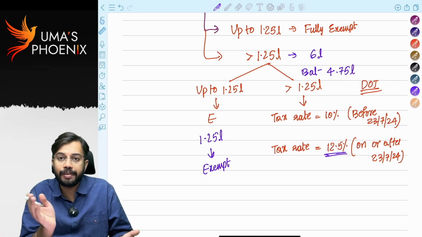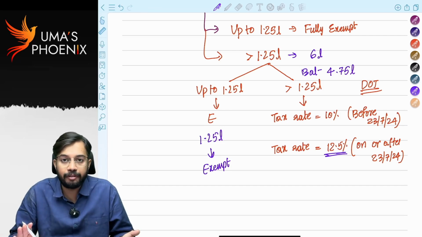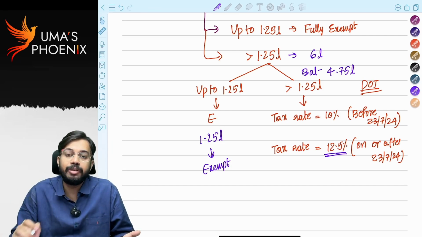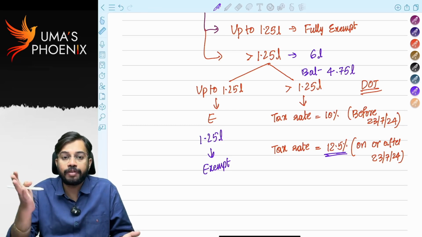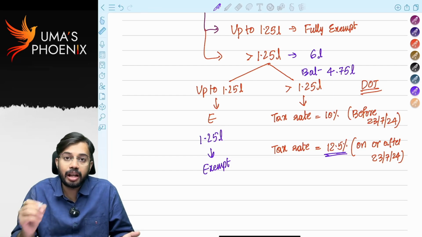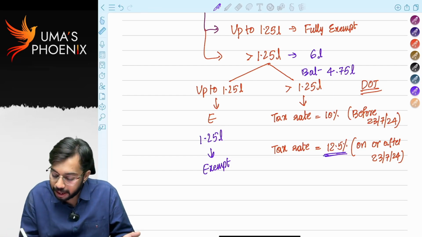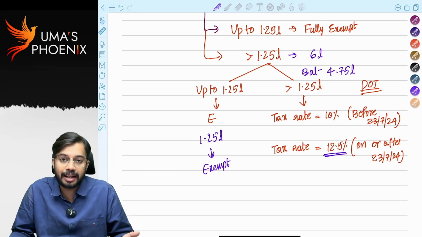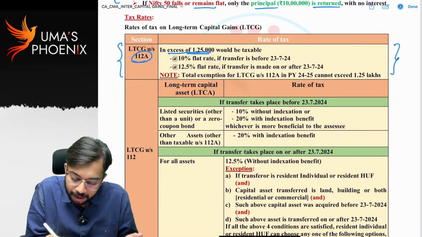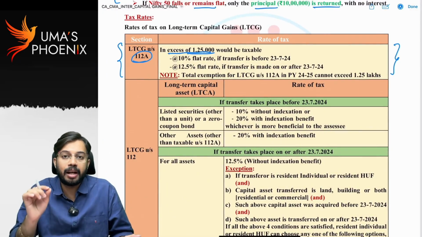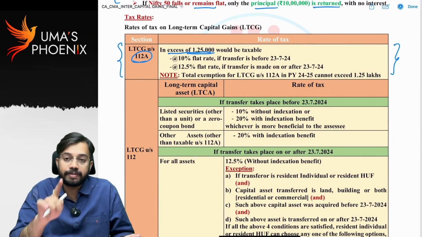If the date of transfer is before 23rd July 2024, on 4.75 lakhs you will apply a 10% tax rate. If the date of transfer is on or after 23rd July 2024, then on 4.75 lakhs you will apply a 12.5% tax rate. Is it clear?